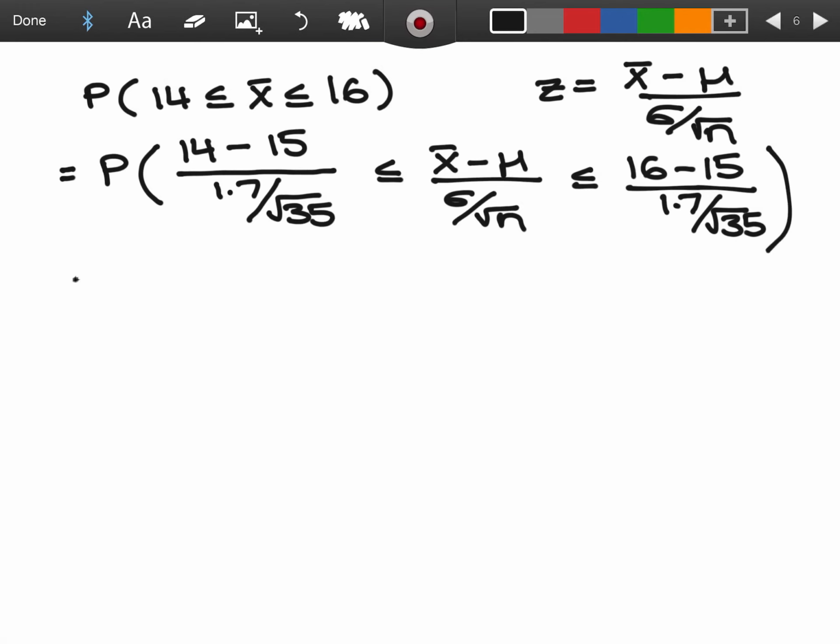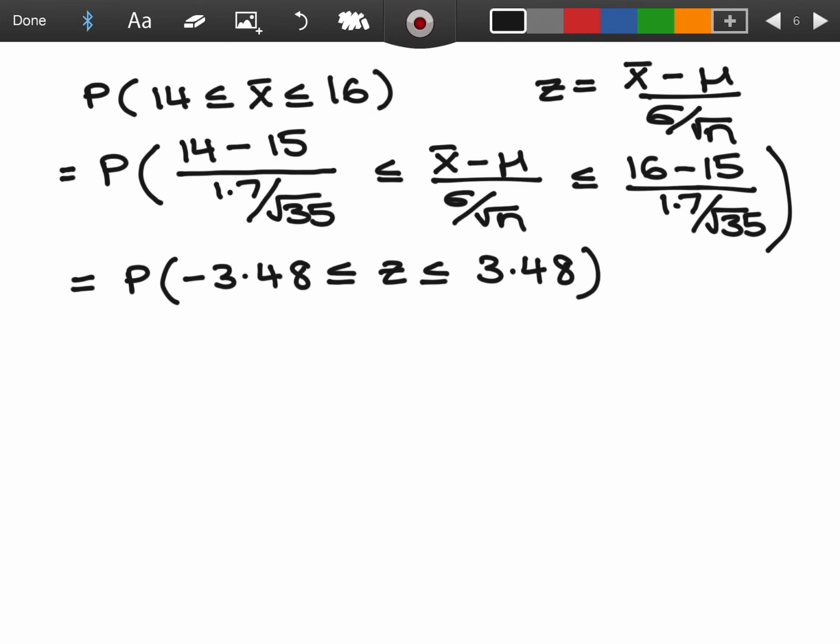So you can go ahead and figure this out, and you end up with the probability that Z lands between negative 3.48 and 3.48. What you should find whenever you do one of these is that they've taken 2 points that land one either side of the population mean.